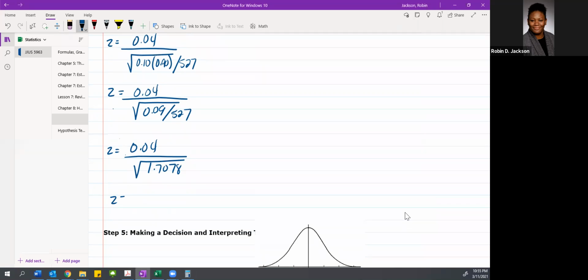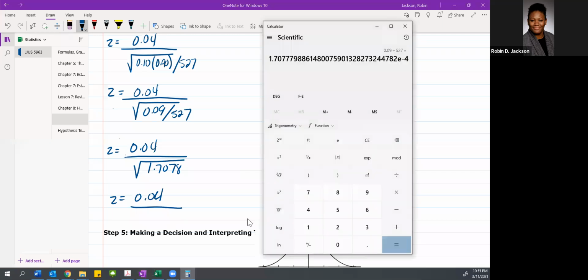Okay, so Z is equal to 0.04 divided by this number, whatever that square root is. Okay, clear it out. So 1.7078, we get the square root.